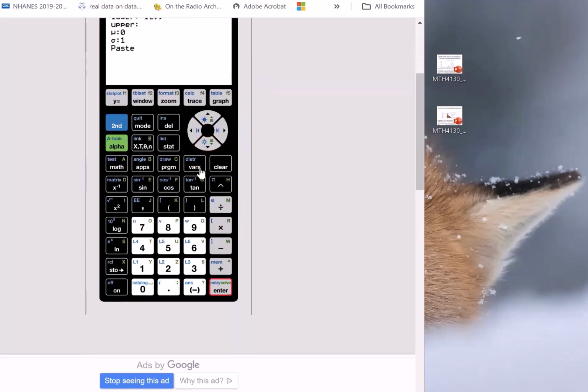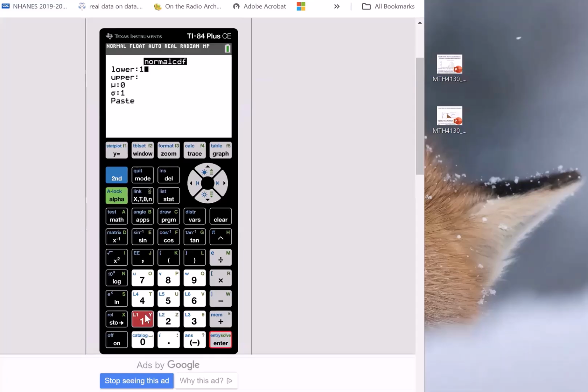Lower bound is 180, upper bound 198, then 200, and then 50. This is what we have: 0.139, keeping three digits.